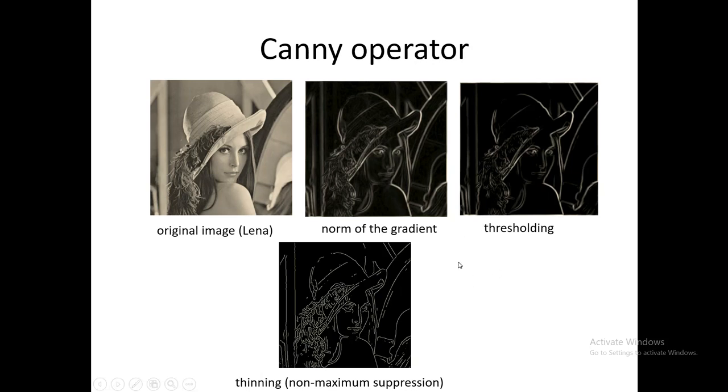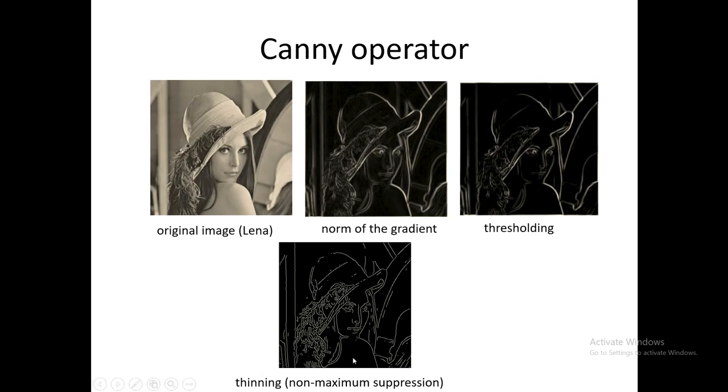Basically, we have a bunch of points that exceed the threshold locally, and we pull out the one that exceeds the most. It's just the thin version of this thresholded edge.